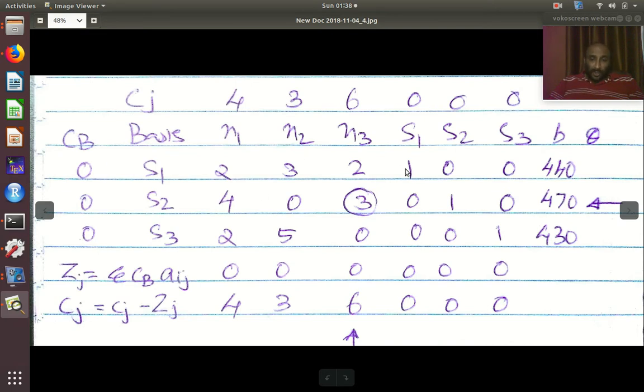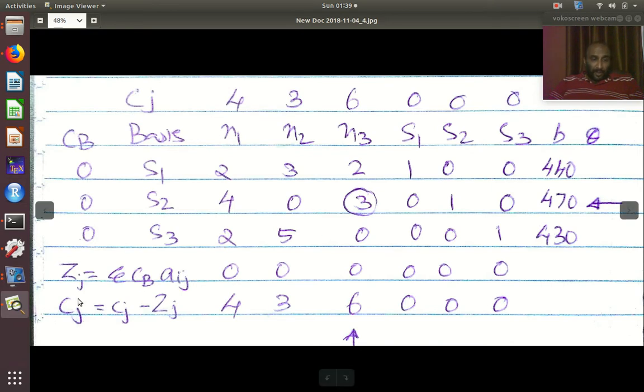The first equation 2x1 plus 3x2 plus 2x3 plus s1 plus 0s2 plus 0s3 equal to 440 comes here, and the second equation's coefficients are written here, and the third equation's coefficients will be written here.